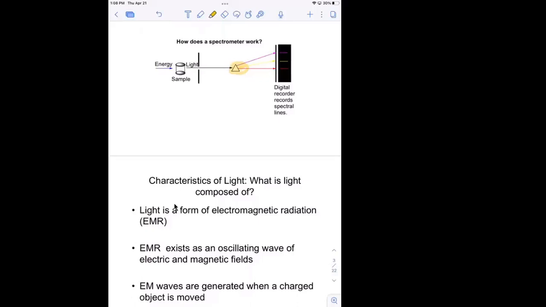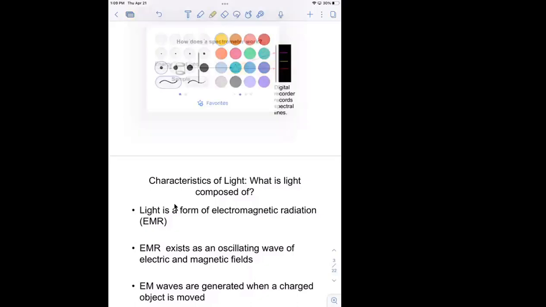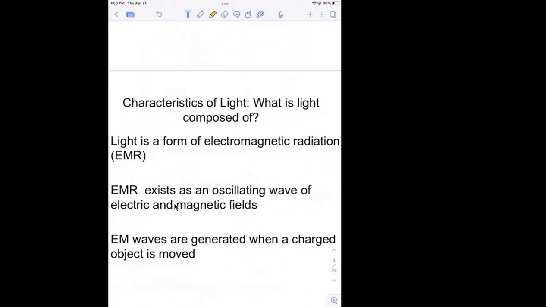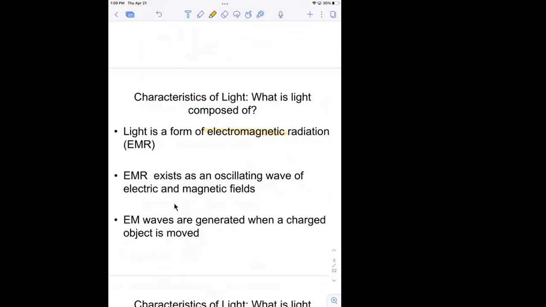So when we think about light, light is a very interesting topic because it's thought about as both waves and particles, which we're going to talk about shortly. So what is light? The most basic definition is that it's a form of electromagnetic radiation, right?